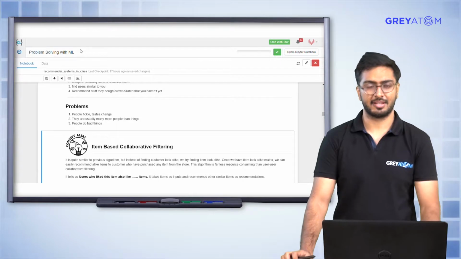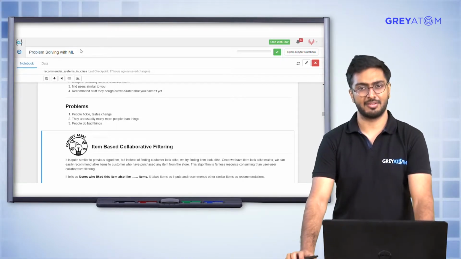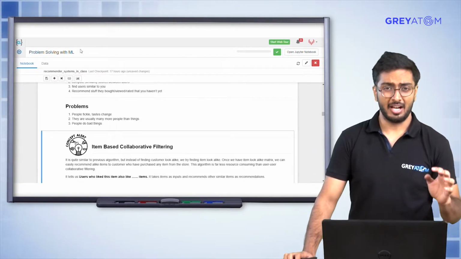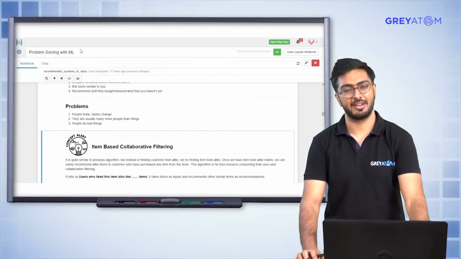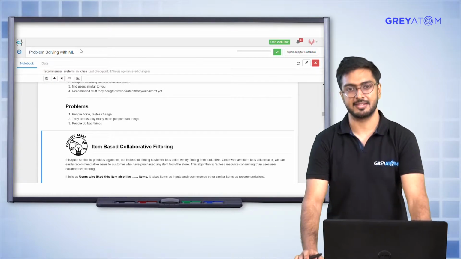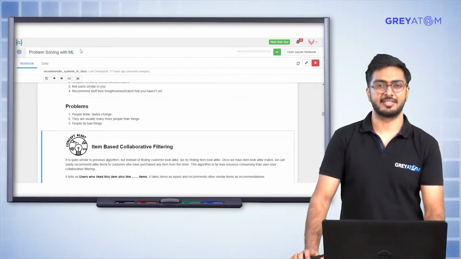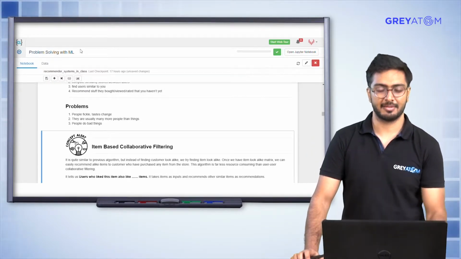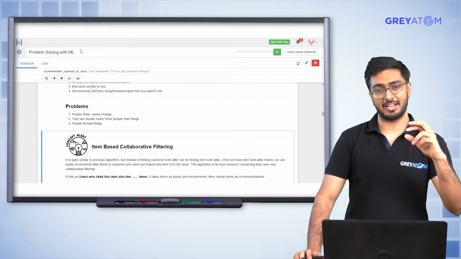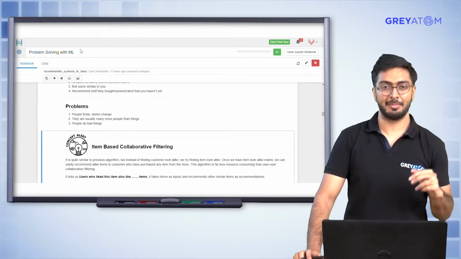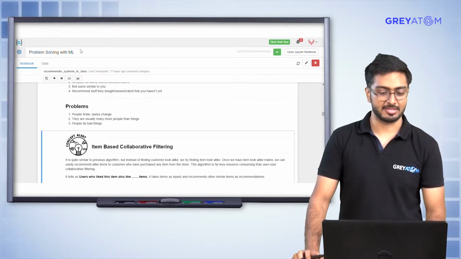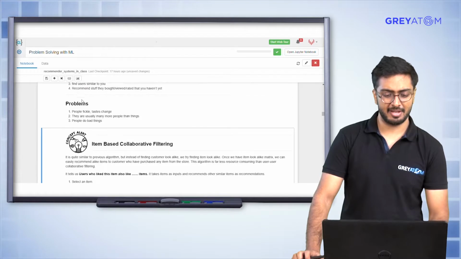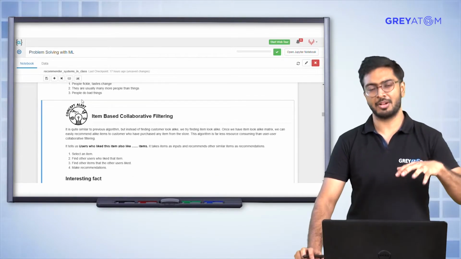Amazon would have a lot more users than the products listed on the website. Same for Netflix, a lot more users than movies. So if you are trying to compare user similarity across so many users, it's a much more computationally expensive process. That's why user similarity is awesome, but not so awesome.